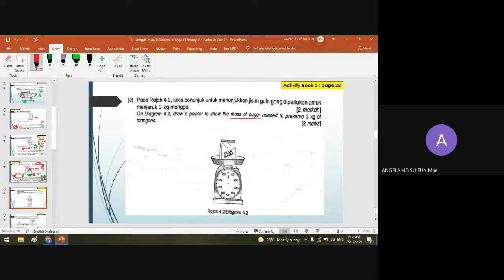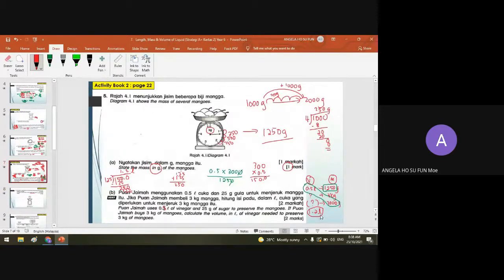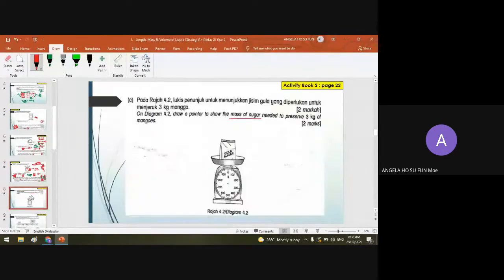Just now you were looking for vinegar. Now you have to find the mass of sugar. So what is it actually? If for 1,250 gram of mango, you are using 25 gram of sugar.